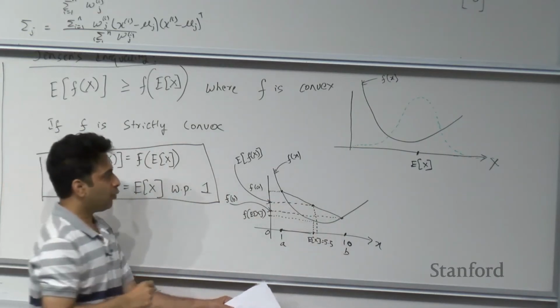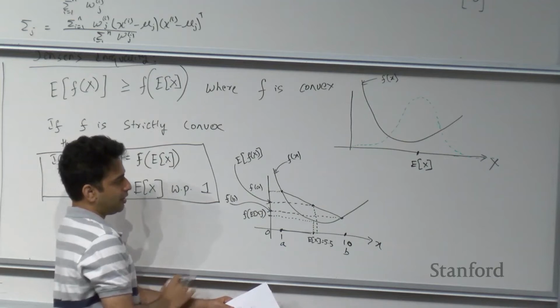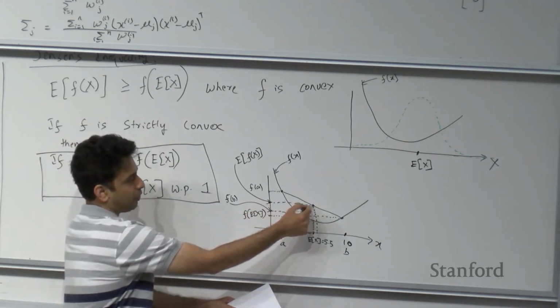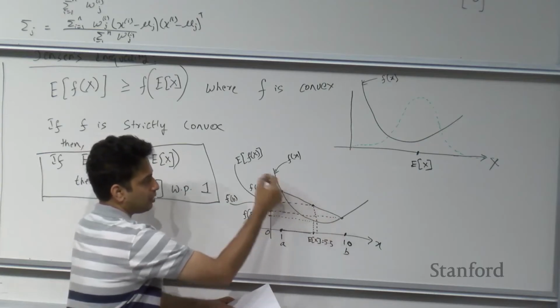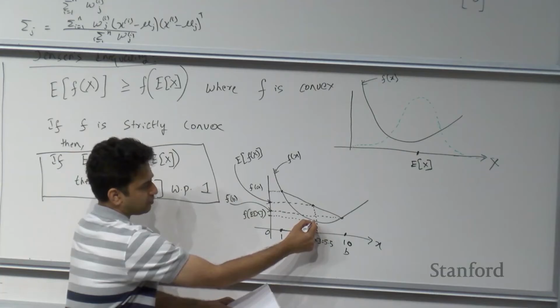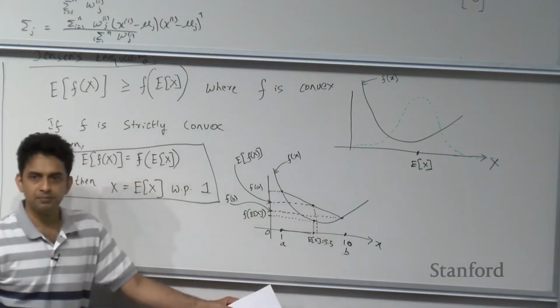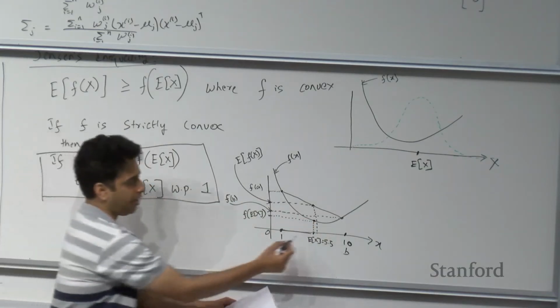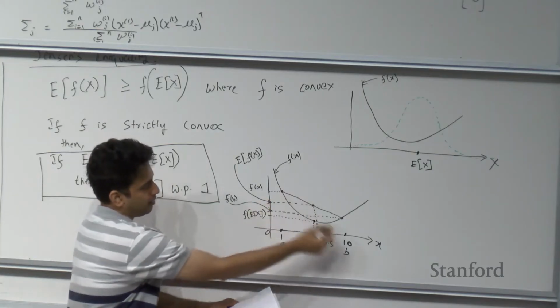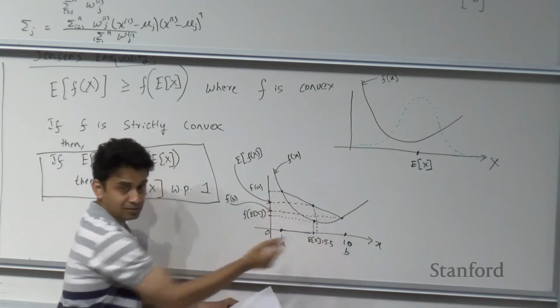What Jensen's inequality is telling us is that this point, the midpoint of the chord connecting 2 points on f, will always be higher than this point. So f of expectation of x is always less than the expectation of f of x.